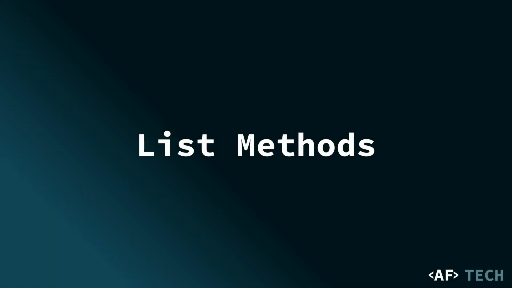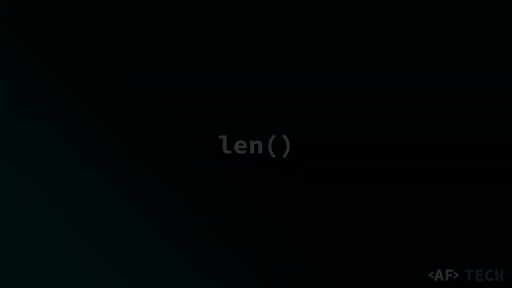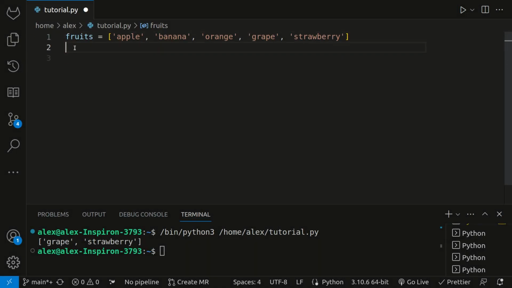Lists in Python come with several built-in methods that allow us to modify, add, and remove elements. Let's explore some of the most commonly used list methods. The len function returns the number of elements in a list. So let's remove our numbers list and our print statement here. And now we can use our len function to find the length of our list.